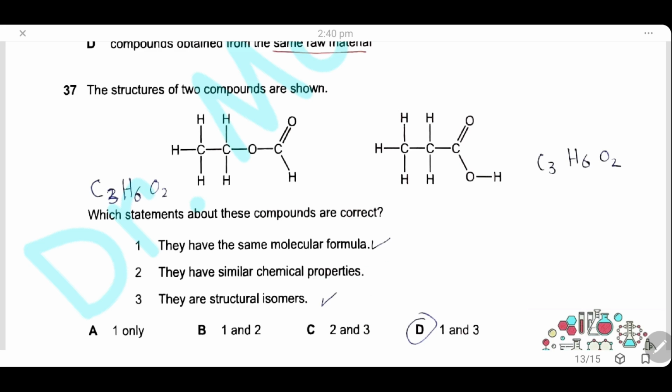This is wrong because the one on the right is a carboxylic acid and the one on the left is an ester, so they have different chemical properties. And statement 3, they are structural isomers. Yes, this is correct because they have the same molecular formula but different structural formulas. So we have 1 and 3 are correct, and the answer is D.